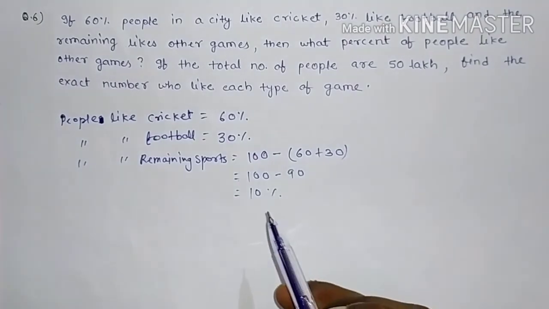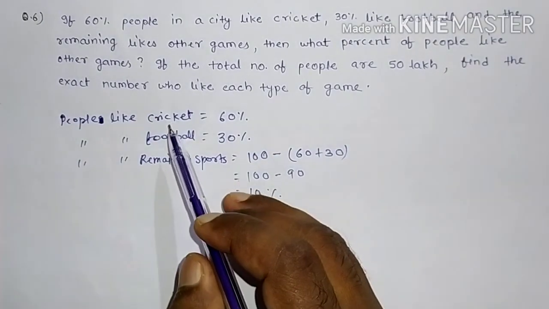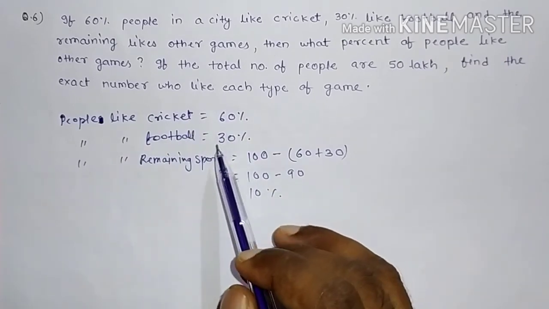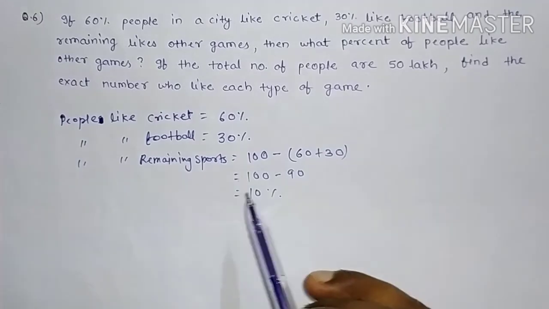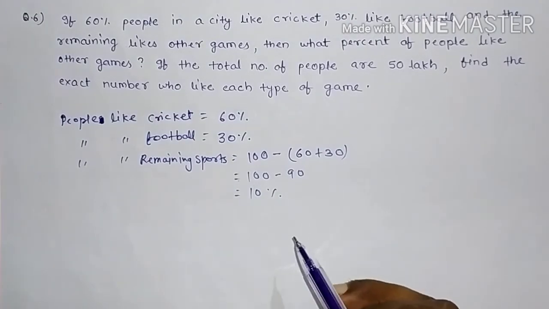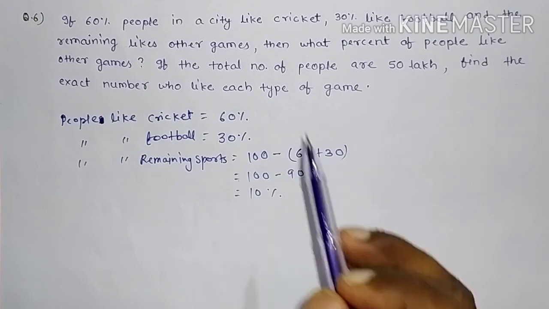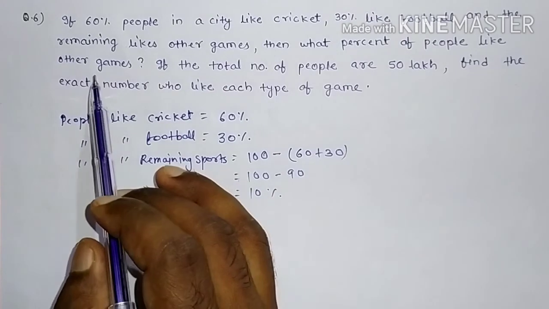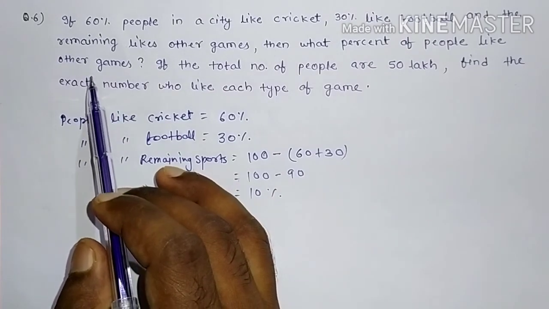So 60% people like cricket, and 30% people like football, and remaining sports 10% people like.